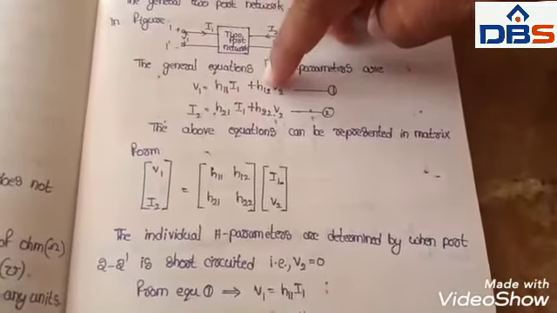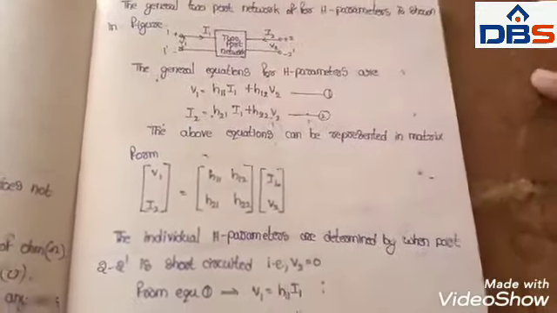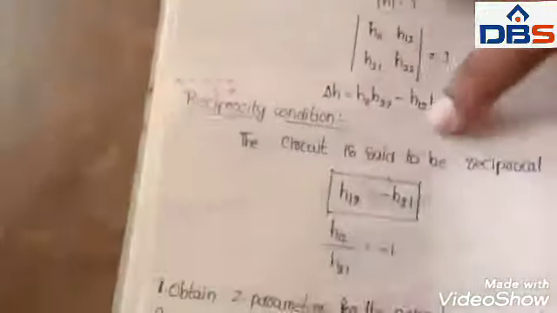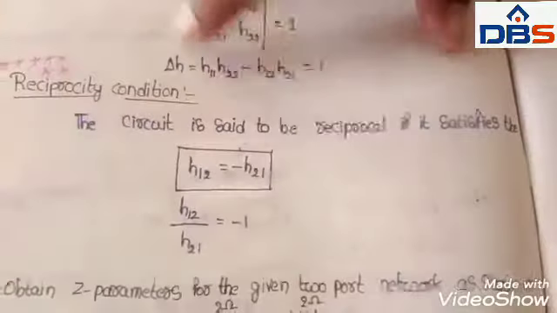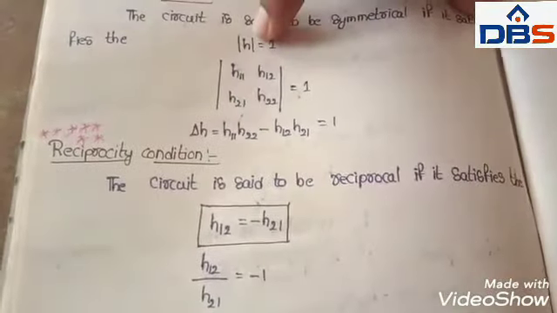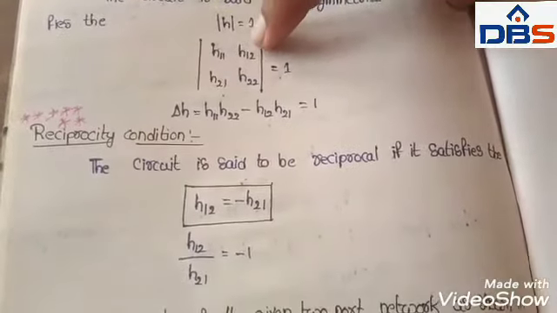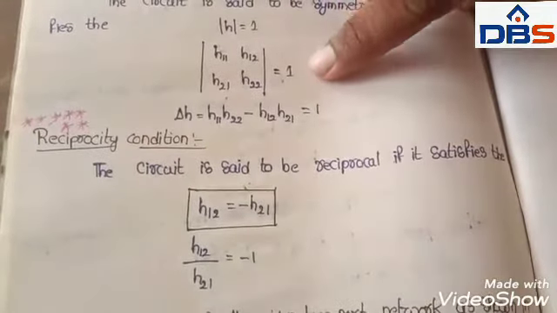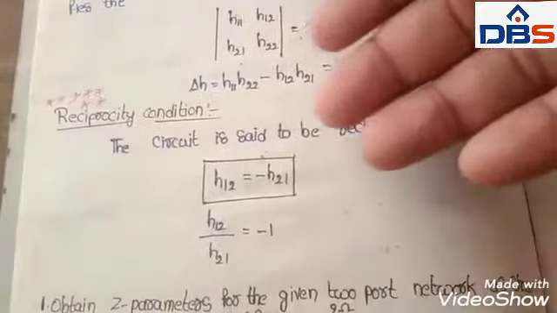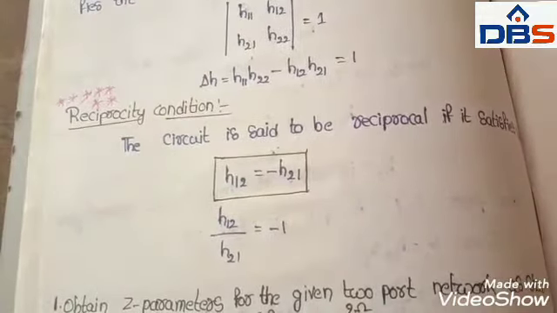At that time the H12, H22 parameters are individually determined. Here also the symmetric condition is mod h equal to 1, that is h11 h22 minus h12 h21 equal to 1. Otherwise the reciprocity condition is h12 equal to minus h21.